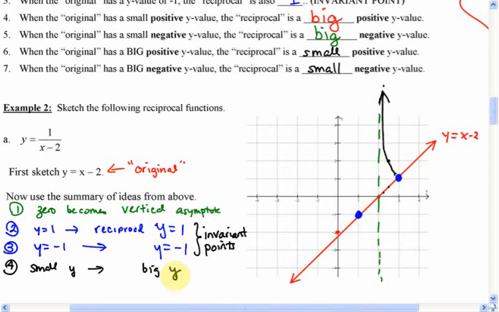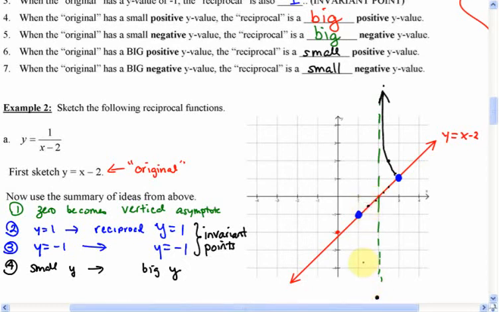Okay, don't be confused. Now, when the original has small negative y values, so tell me, point to where the original graph with your finger has small negative y values. Here? Yeah, right here. So I'm talking about this region now. And once again, if I were to make this, let's say, -1/10, the reciprocal of -1/10 is -10, way down here.